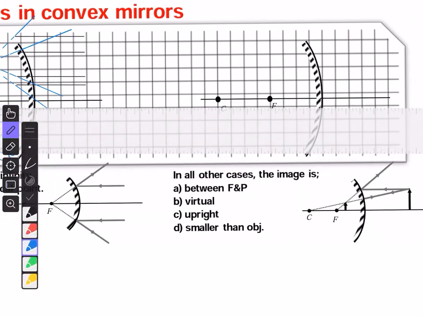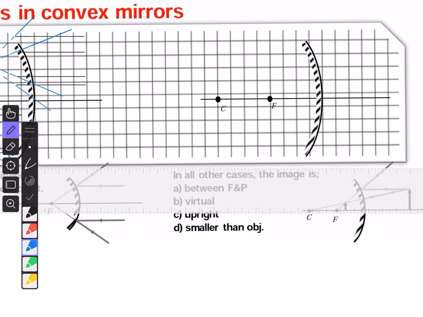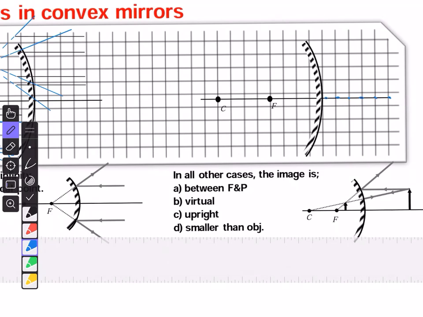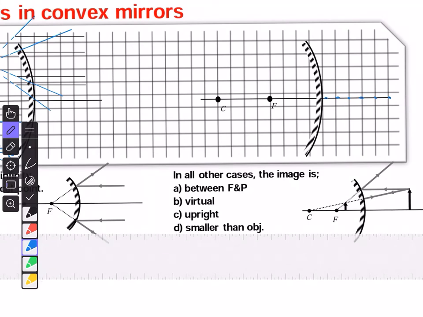We will put the object anywhere we like, except infinity. If you choose this point, anywhere you like, you will be able to see the image is between the focal and pole. It means it will be between these 2 points. Except infinity, anywhere you want.